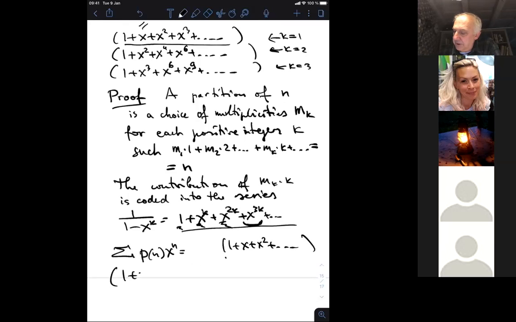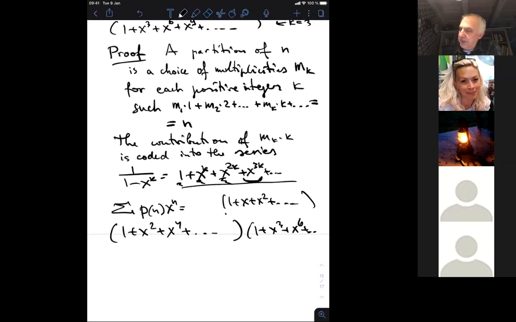Times 1 plus x^2 plus x^4 plus, and so on, 1 plus x^3 plus x^6 plus, because we're interested in how many ways there are to get the nth power in this product.